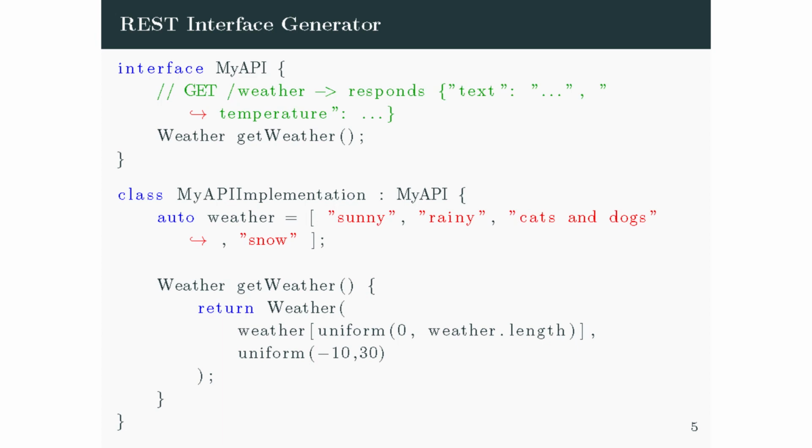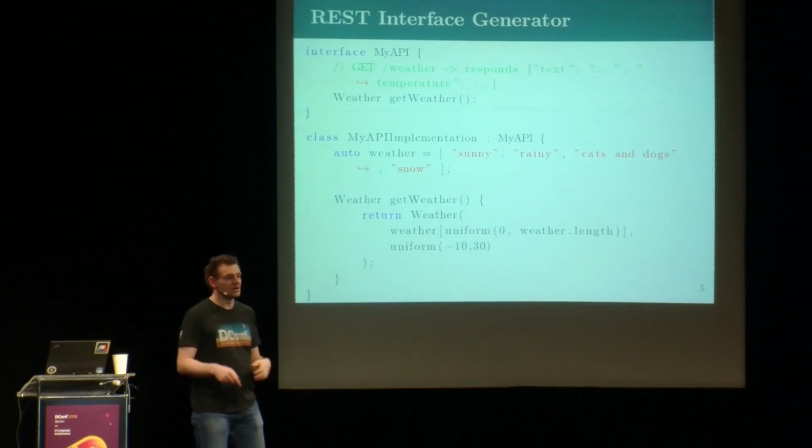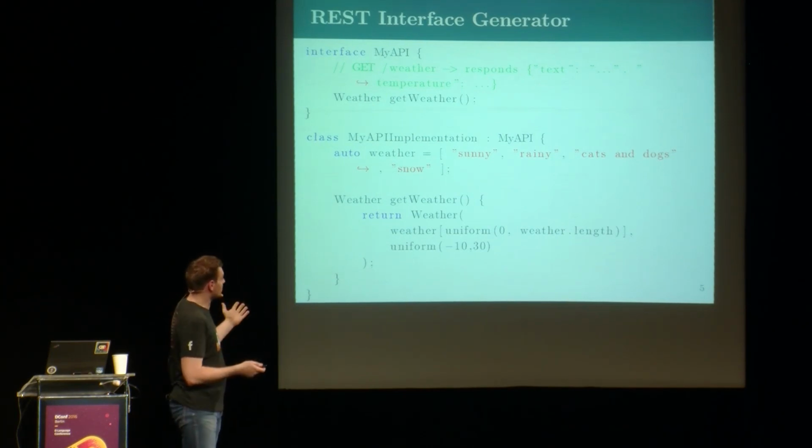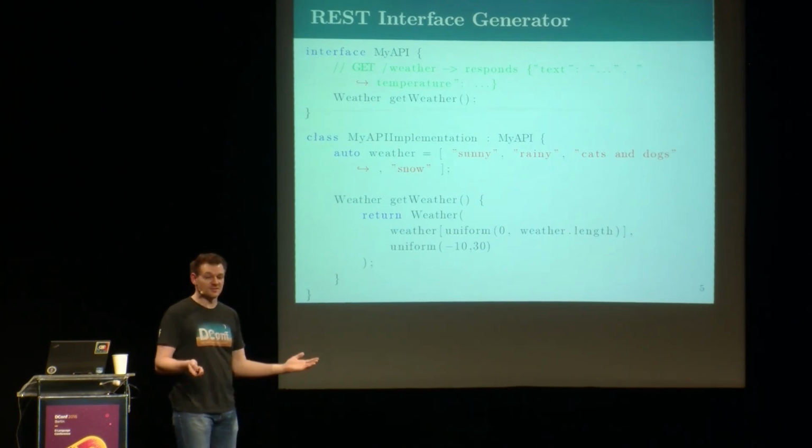And you basically implement this function in something like this. So you have a class that is implementing the interface, and then you have your function, which is returning weather with some text out of the weather string array there, and the temperature, which is just a random number between -10 and 30. So that's basically everything you have to do to create a REST interface.